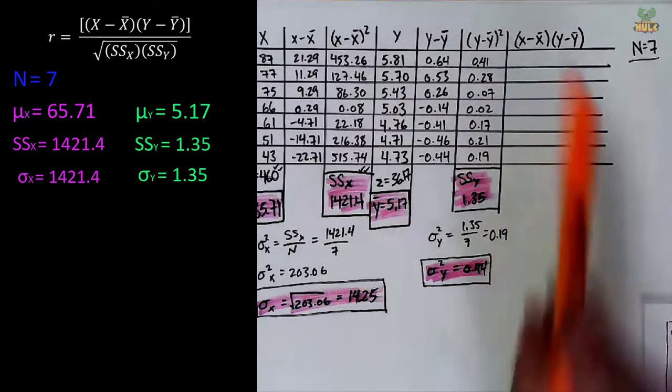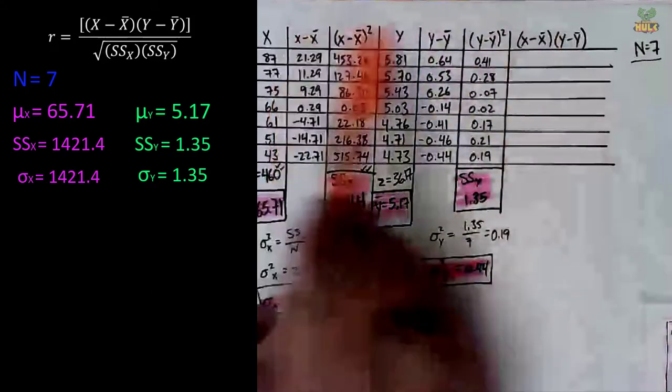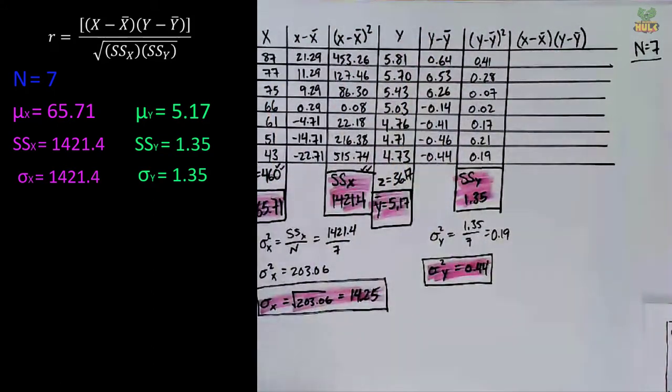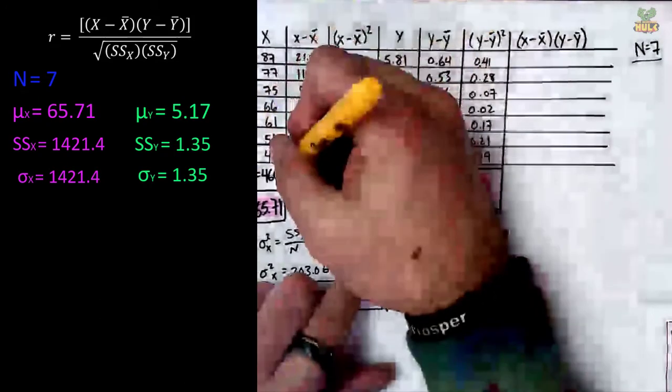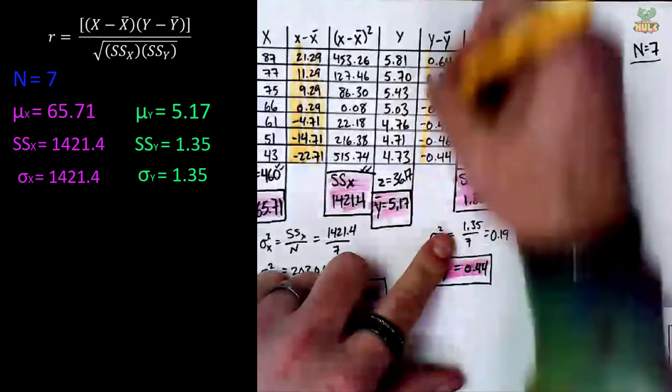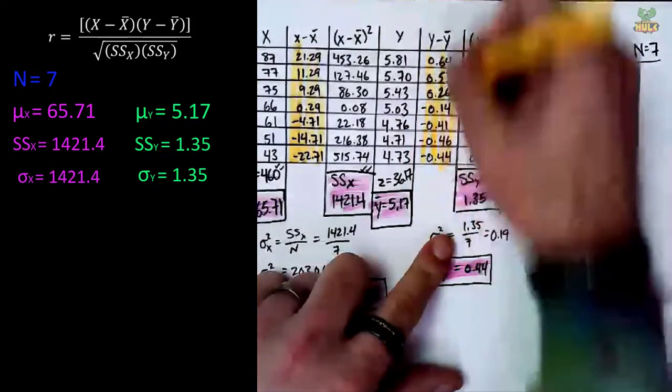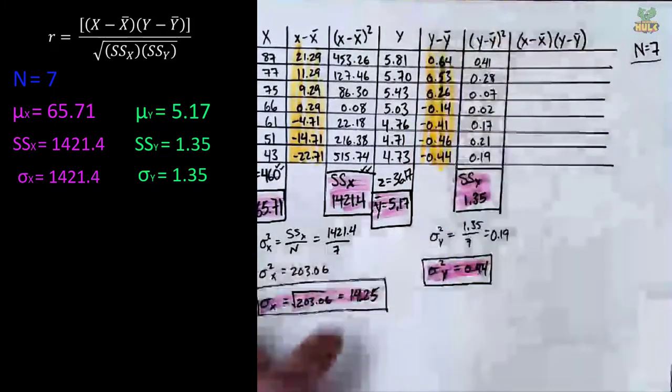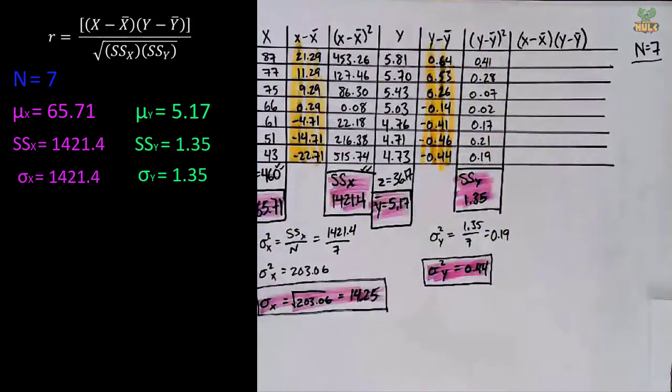Now, this is going to involve multiplying this times this, and I don't want to get distracted or tripped up somewhere. So I'm going to take another highlighter and highlight the columns I'm using. That allows me to keep track as I go across.